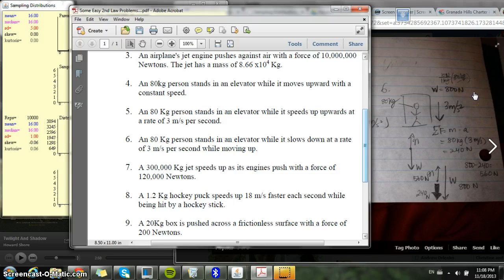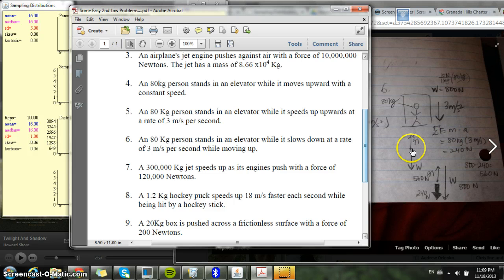Our weight is still the same. Gravitational field still on Earth, didn't change: 10 newtons over 1 kilogram times the mass of our system, our person, 80 kilograms. Okay, and then we get our net force equation again, mass times acceleration. And lo and behold, it's the same as the previous. But let's look at our force diagram.